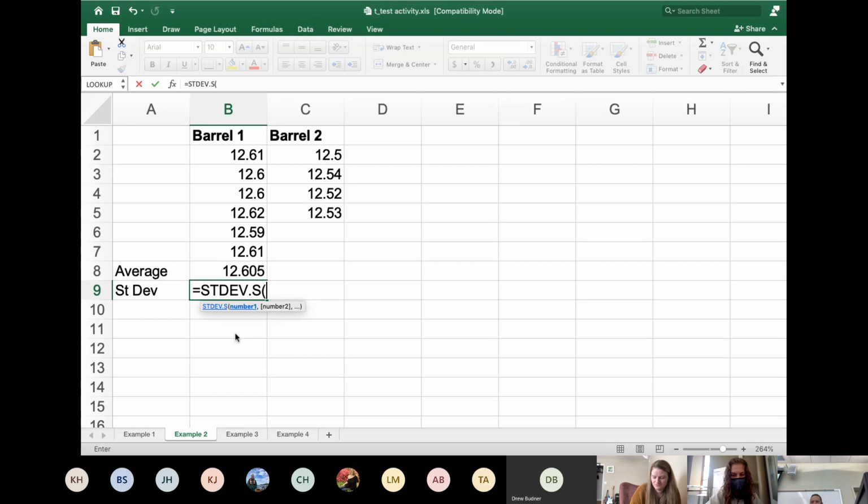So since we now have descriptive statistics, we need to state that. So the ethanol content in barrel number 1 is 12.605.